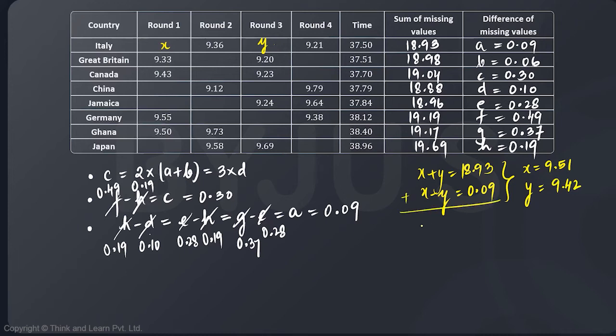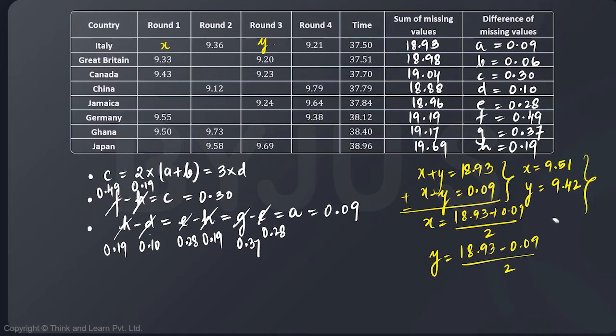If we add, we will get X is equal to 18.93 plus 0.09, half. And if we subtract, we will get Y is equal to 18.93 minus 0.09, the half of that. So these are the values that it will result in. So it's a very time consuming, painstaking process, but let's fill it out.